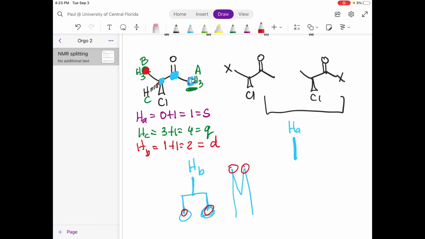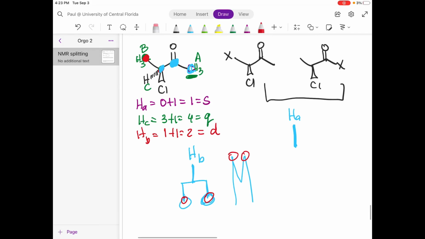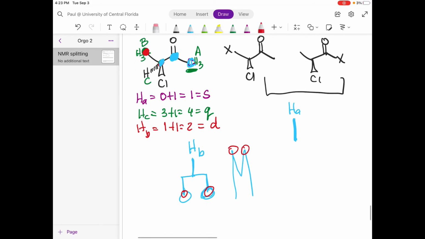Now, when we take a look at HC, we have 2 adjacent carbons to take into account. If I'm looking here at my carbon, what's adjacent? Right there. So that's going to take the signal and just keep it as a singlet. It's not going to split it. But then when I go to HB over here, we see that there's 4 protons, so that's going to split it into a quartet.